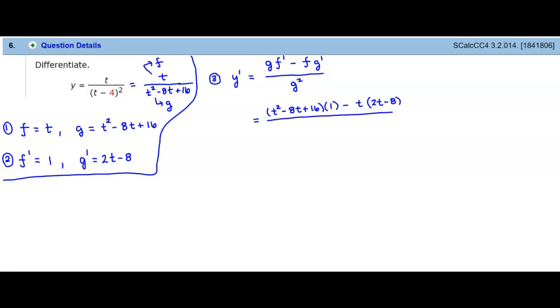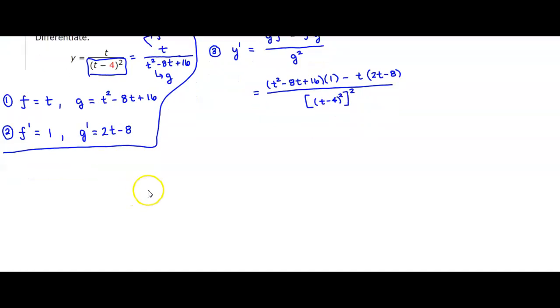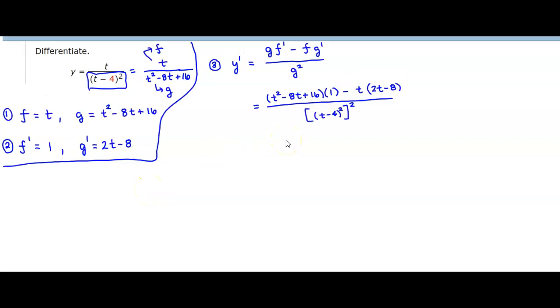Now in the denominator, we're going to use this denominator here instead of the one we just expanded, because that denominator needs to be squared. So that means we're going to have a bracket and then t minus 4 squared, squared. Okay, so now let's go ahead and distribute in the numerator.